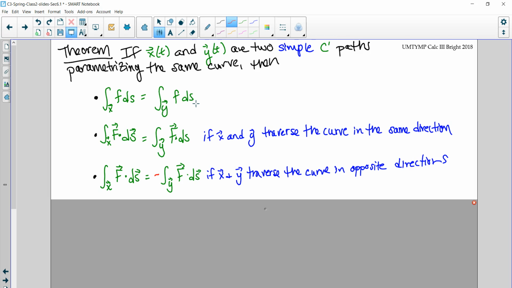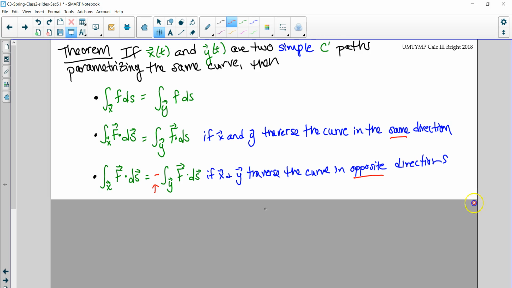So as long as you have two simple C1 paths parameterizing the same curve, scalar line integrals are the same. As far as vector line integrals, if they go in the same direction, then their vector line integrals are going to be the same. If they go in opposite directions, then keep in mind that their vector line integrals are going to be opposite.